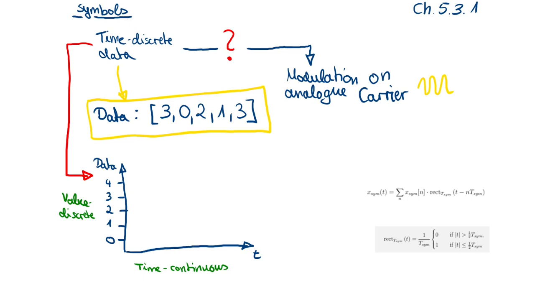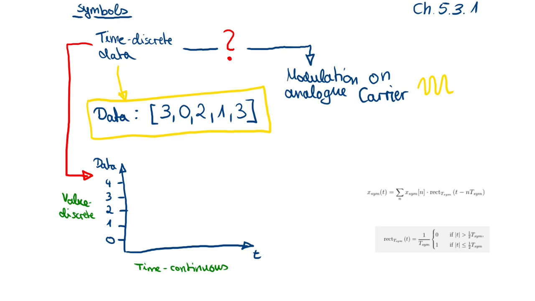You know that the analog carrier is a time continuous signal, and the step in between is that we transform the data to some kind of time continuous signal too. But in this case, the signal is also value discrete.